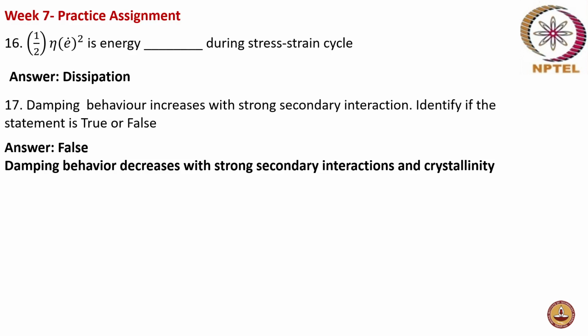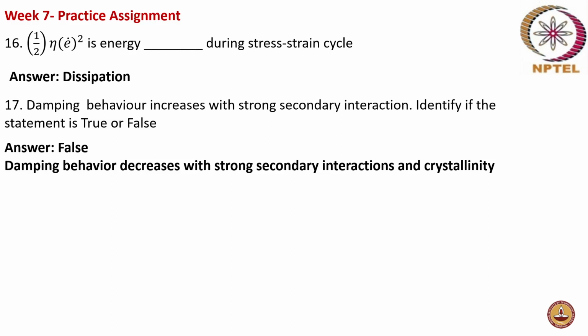When secondary interactions are high and crystallinity is there in the material, the damping behavior decreases, because damping behavior mainly depends on your dissipative mechanism of energy. If there are strong secondary interactions, then there is more storage. Similarly in case of crystallinity, the dissipation is lesser. The damping material should be able to dissipate energy, then only you will not have the vibration transferring.